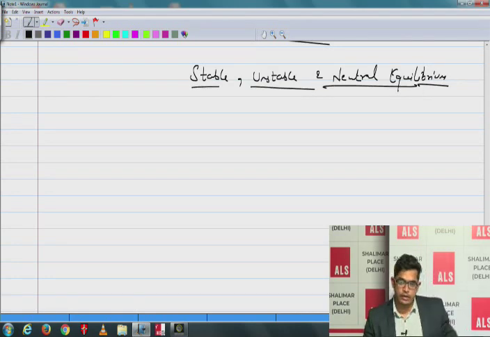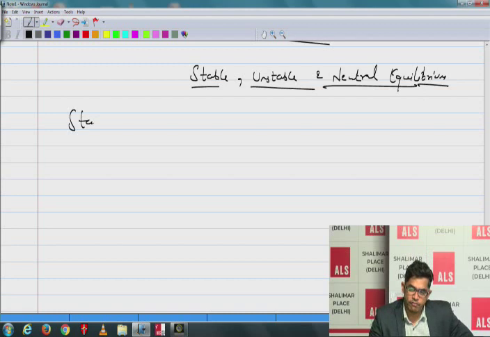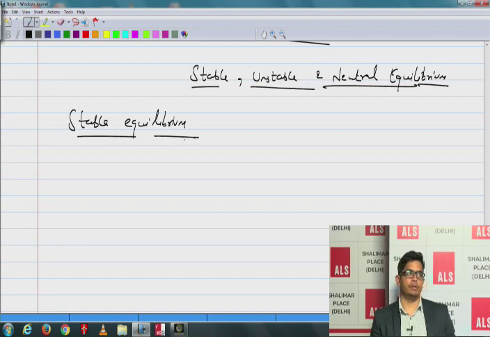If you want to have a stable equilibrium, what do we mean by stable equilibrium? Stable equilibrium is a kind of equilibrium where the body is at rest, or at equilibrium, I should say. It is at equilibrium and it is stable.